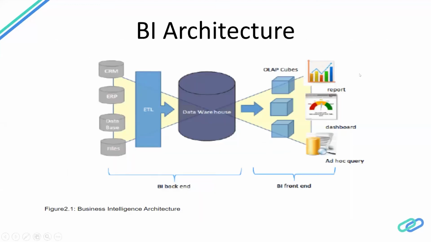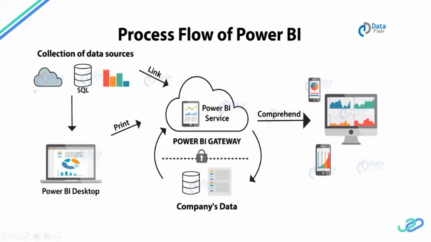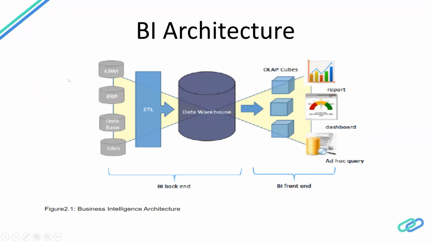So when I say structured data, like I said, the CRM and the ERP, whatever the information is related to the customers, those are all the CRM data. Whatever the data related to the ERP, like enterprise, a finance department, HR department, or the procurement department, all those data will be stored in the ERP systems.